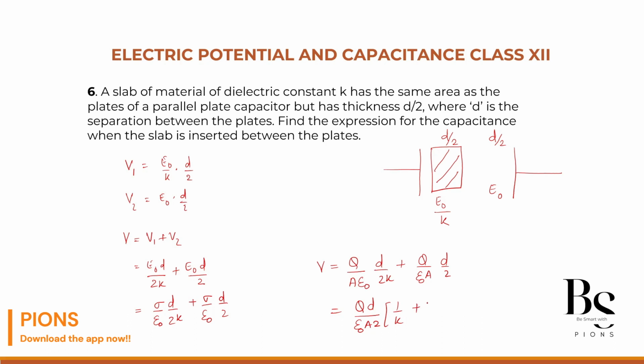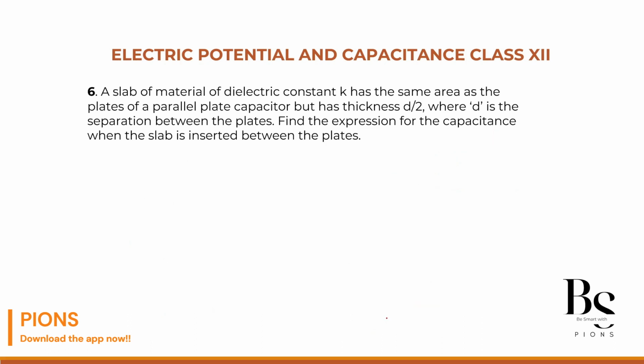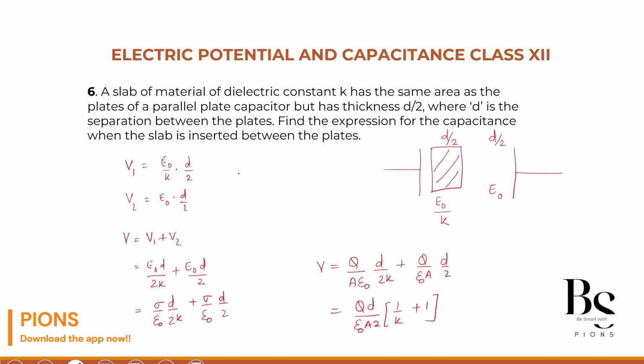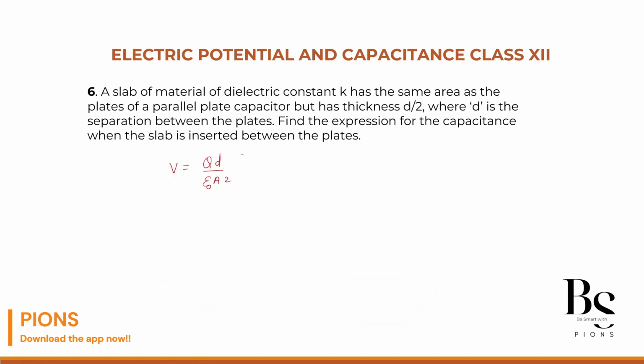So 1 by k plus 1. I hope this is clear. So let's write it in the next line. V equals Q d by epsilon naught A into 2, 1 by k plus 1. Taking LCM, so 1 plus k upon k.